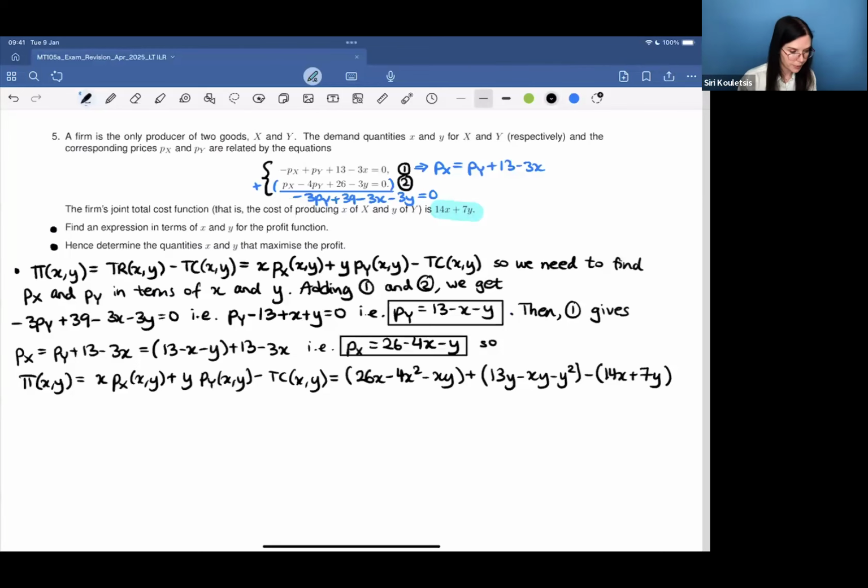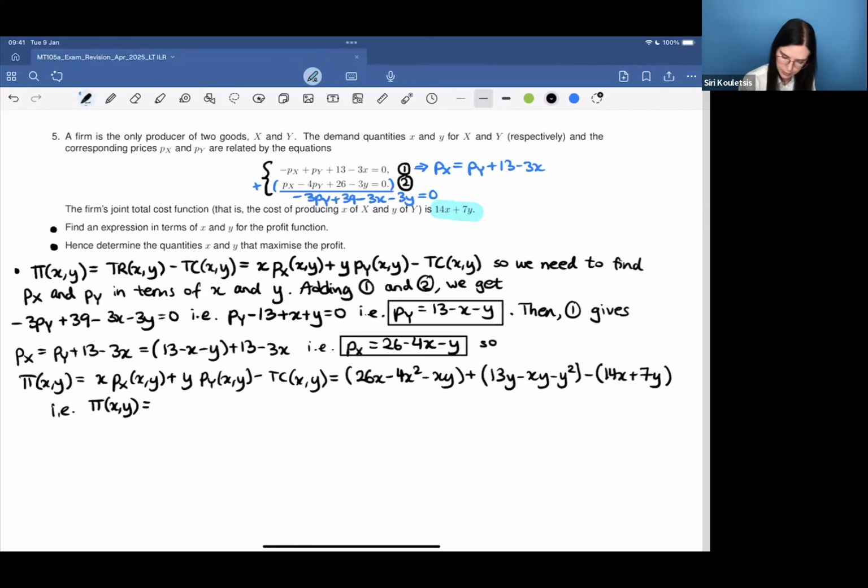And now it's a simple matter of just pulling this all together. And of course, we can put the variables in any order we like. I'm just going to work in the order I have them.